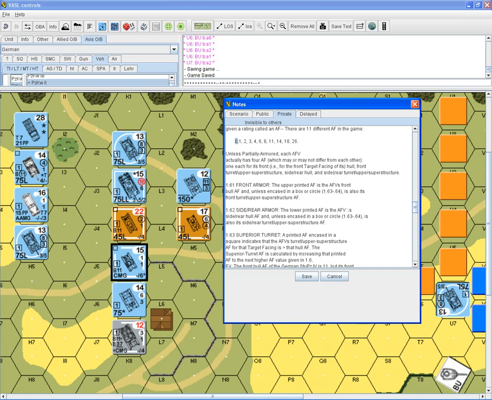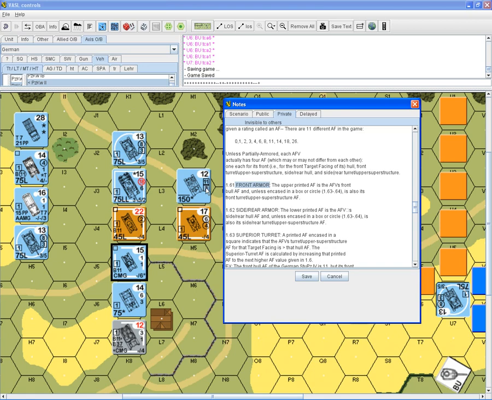each armored fighting vehicle actually has 4 armor factors. The 4 armor factors are for its front aspect, its flank and rear aspect, for both its hull and its turret. The front armor is the number printed on the top, and it represents the armor that that vehicle has for its front aspect.